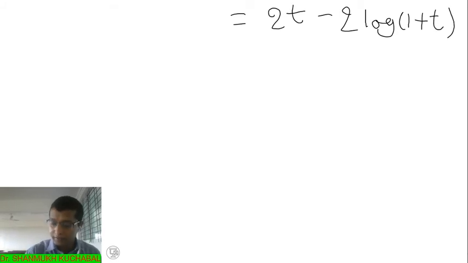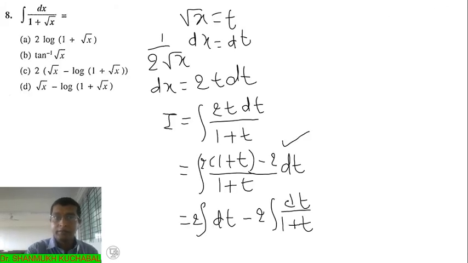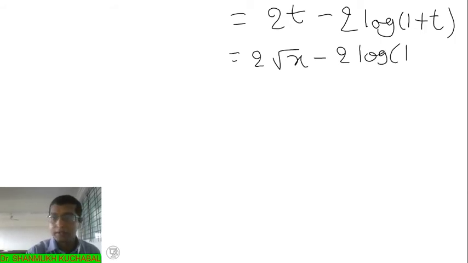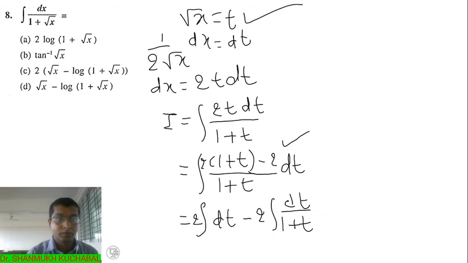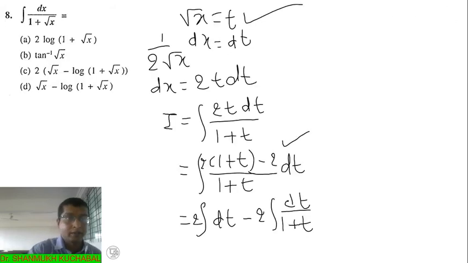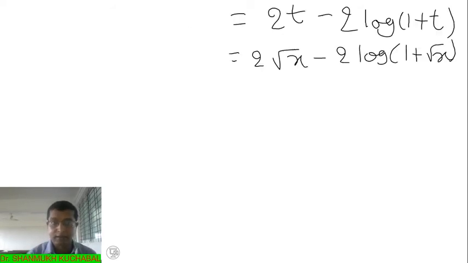Okay, further t value we have to replace with root x, so we get 2 root x minus 2 log 1 plus root x. Here we can take 2 as common outside, therefore option C is the right answer.